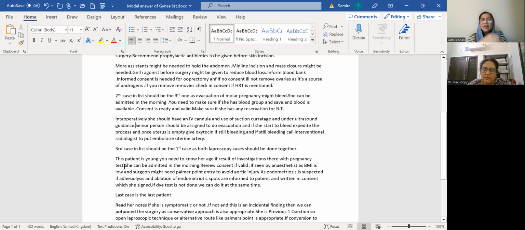But is this the patient that you were talking about? There is the infertility. You were talking in detail about her infertility, isn't it? Yeah, if she has endometriotic deposits and ablation, because a question was written.